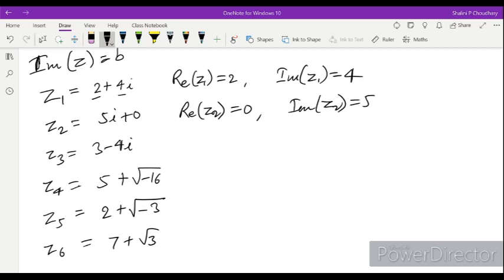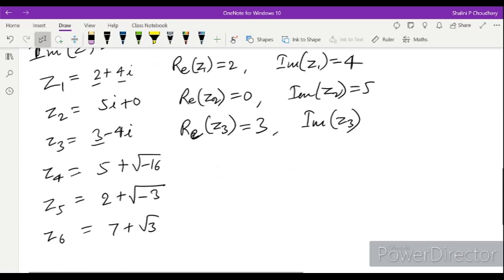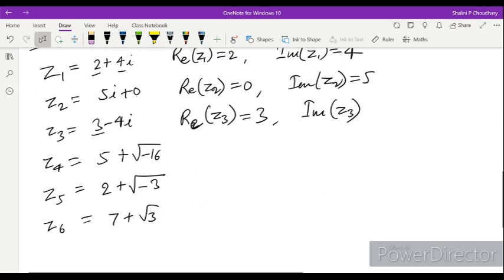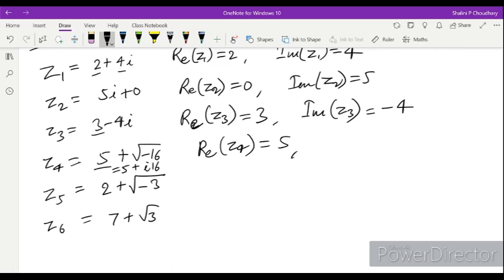Now real part of z3 is equal to 3, and the imaginary part of z3 is minus 4, since it is in the form a plus ib, so minus 4 is the imaginary number. Now real part of z4 is equal to 5. The imaginary part we can write as 5 plus 4i, so imaginary part of z4 is 4.